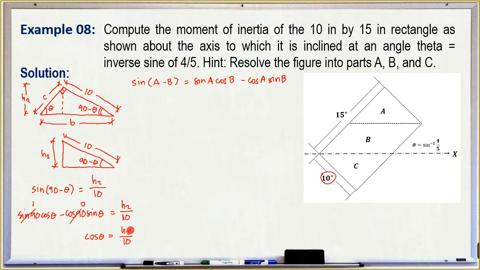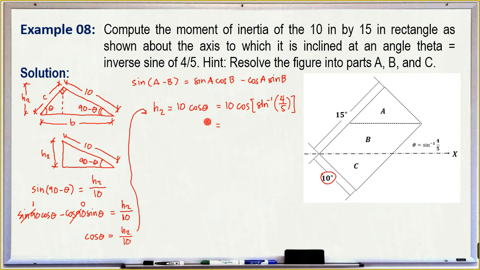With this, we can solve for h2, wherein h2 is equal to 10 cosine of theta. But in our given, theta is arcsine of 4/5. So 10 cosine of arcsine of 4/5.